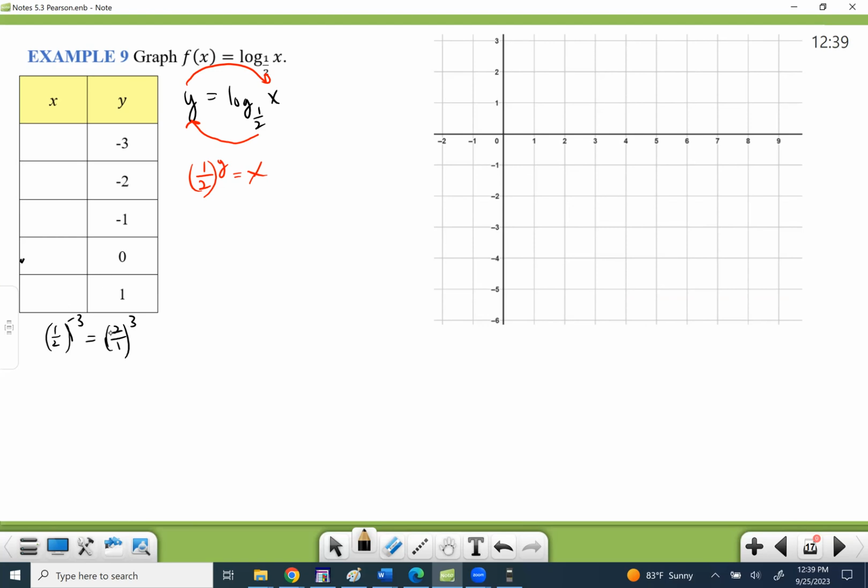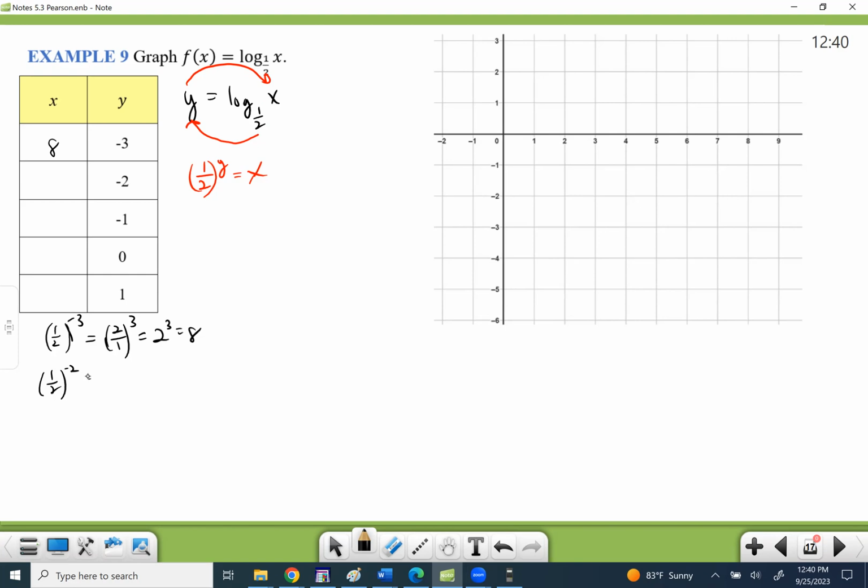So the 2 went up to the top, the 1 went down to the bottom, and once we move, don't forget to change the exponent. All right, so flip it, change the sign. Then that's really 2. 2 divided by 1, that's really 2. So we just have to do 2 times 2 times 2. So that's going to be an 8.